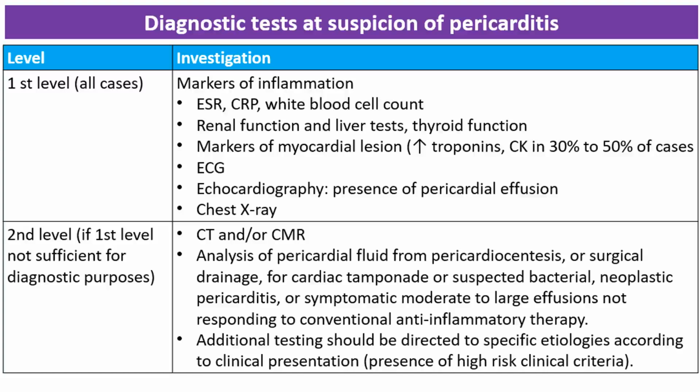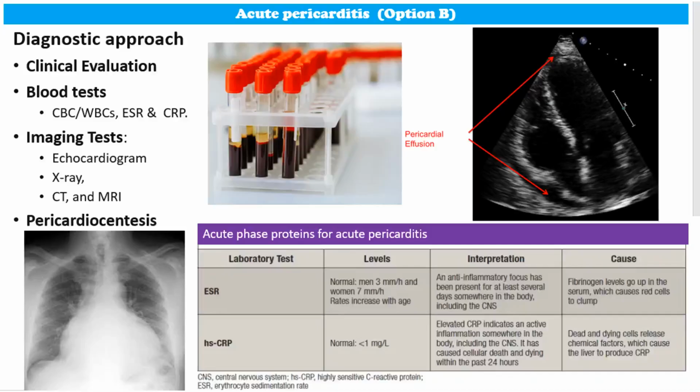The first level of diagnostic tests typically includes an ECG, which can reveal specific changes like ST elevation or PR depression. Chest X-rays may be performed to check for an enlarged cardiac silhouette due to fluid accumulation around the heart.